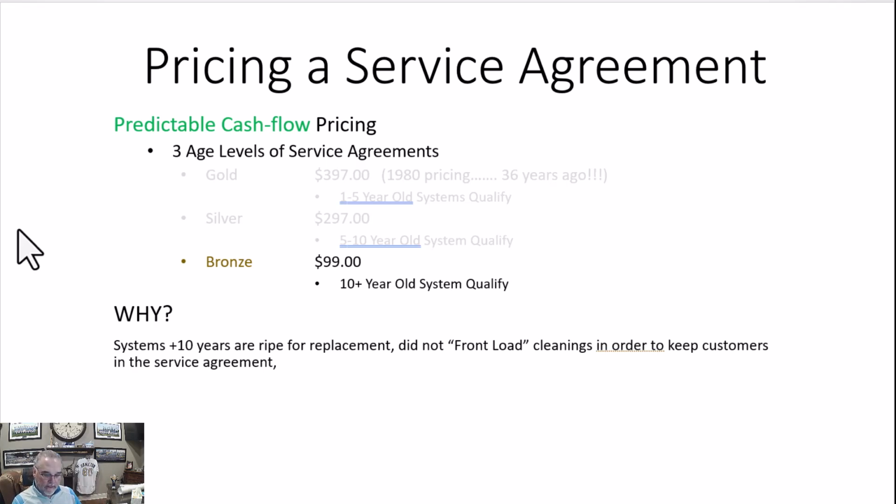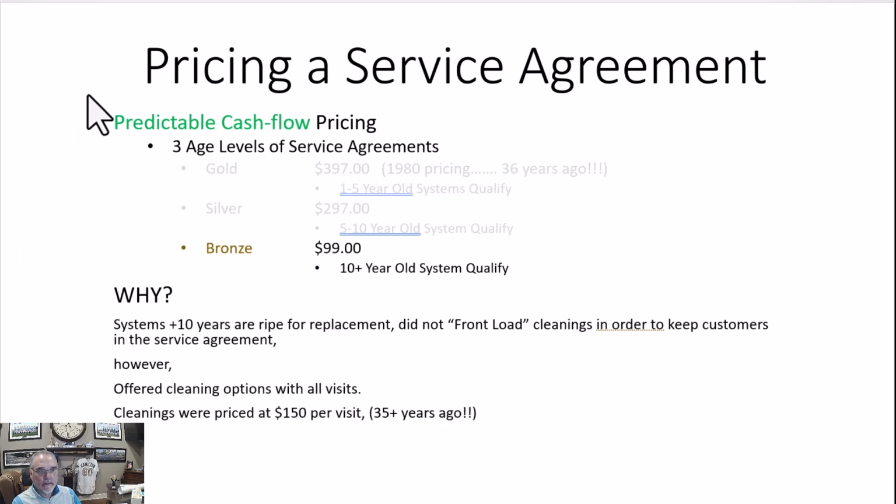However, they offered cleaning options with every visit, and they were very successful at getting the cleaning options. They didn't build the cleaning option into the agreement. That $99 is helping with the cleaning process, but the cleaning visits were $150 per visit.